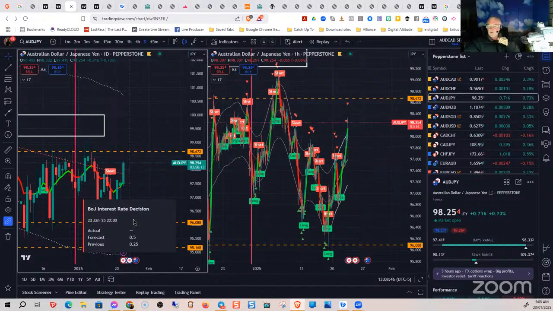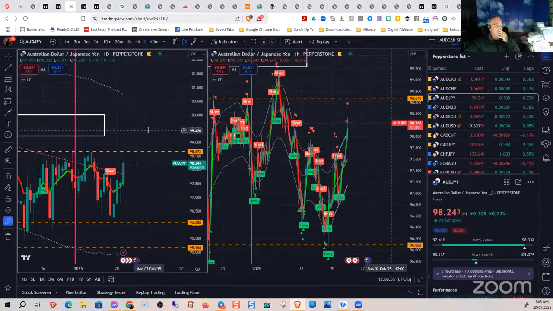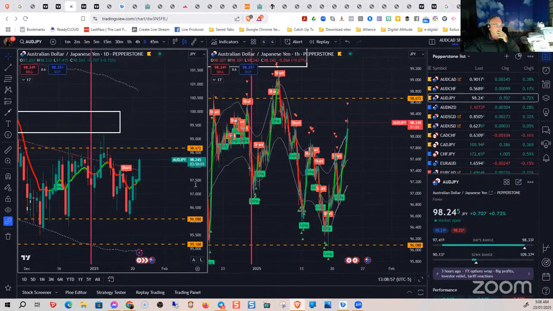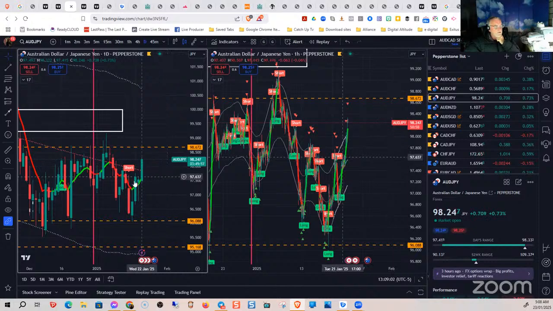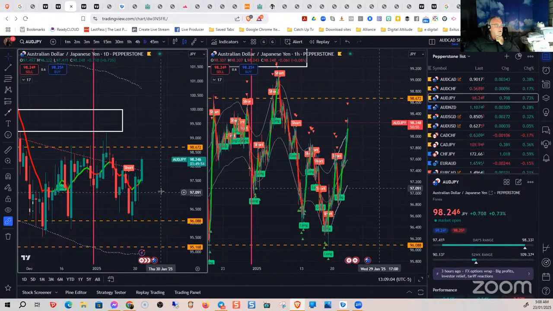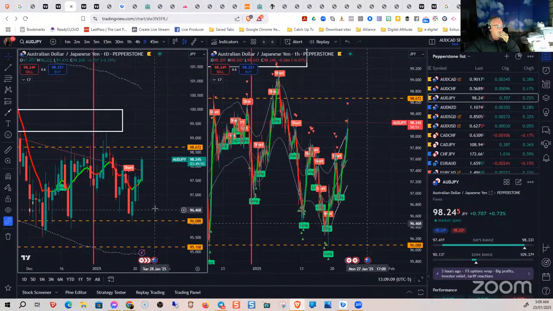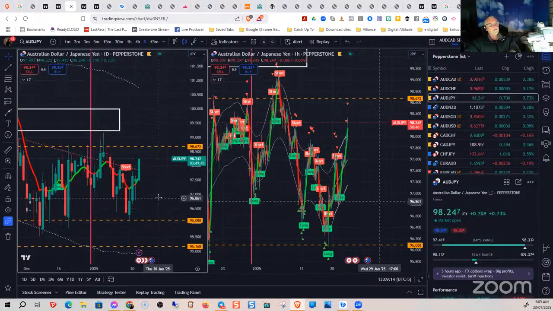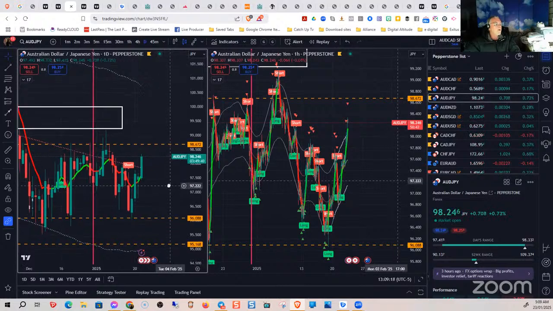I'm already on the 23rd, but this will potentially make quite a difference to this pair, unless it's all factored in. Normally, if it's going to do a rate increase, it may increase the Japanese yen, which could decrease the value of the Aussie dollar in relation to it. So we'll see.